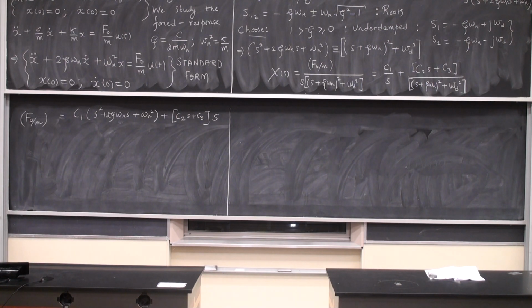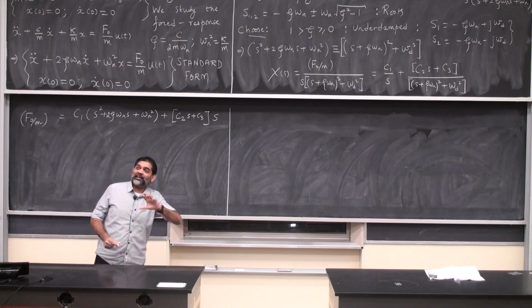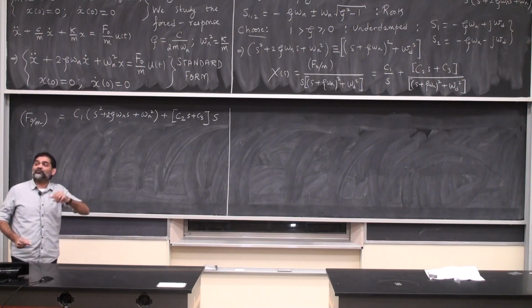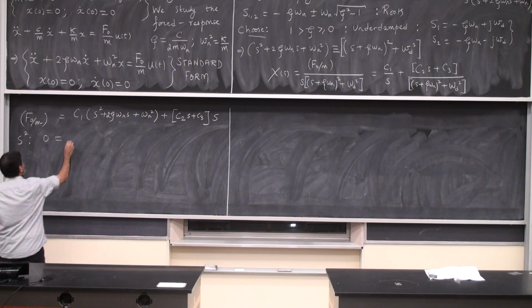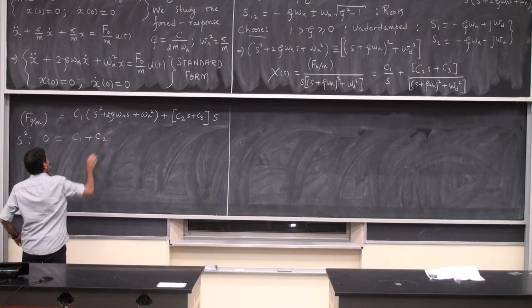I'm taking common denominators, trying to find out C1, C2 and C3 in terms of the parameters of the system, which will give us a very generic solution which can be adapted to any kind of a system that undergoes step response. Okay, which is why we are not putting numbers in yet. I can calculate C1, C2 and C3 by using the coefficients of s square, s and s to the power 0 on both sides. Nothing on the right hand side. Left hand side I have C1 and C2.